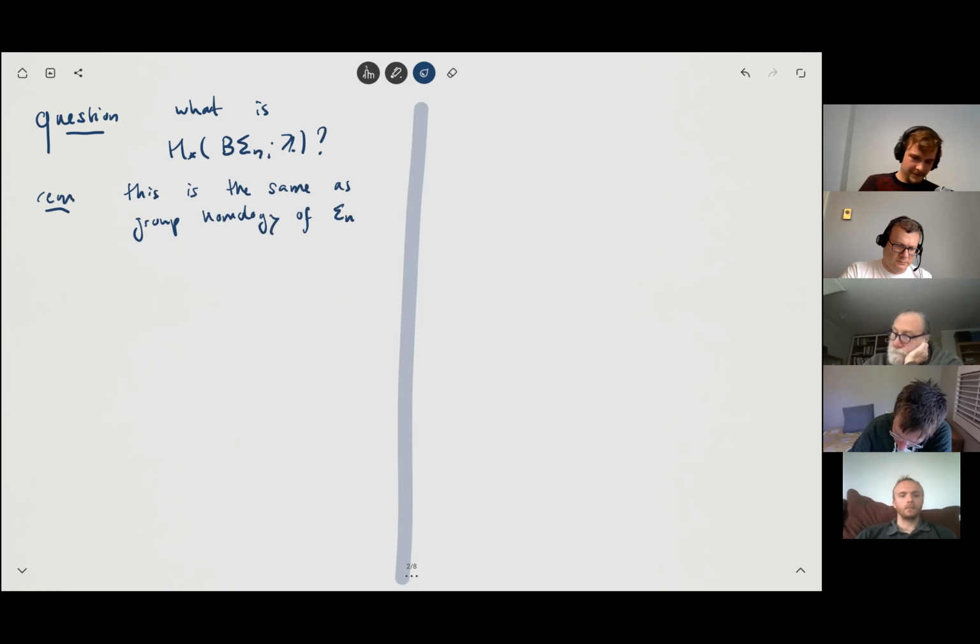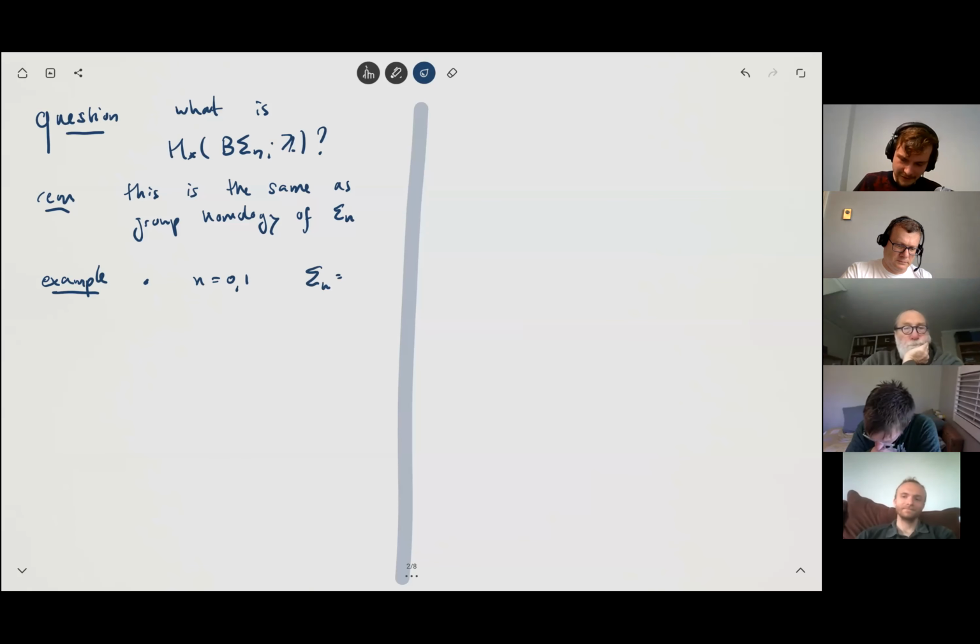Okay, so, in some sense, a complete answer exists, but I'm not going to give it to you. But just to get a sense of what it looks like, let's do some examples. So easy cases are n is 0 and 1, because in this case, the symmetric group is just the trivial group. So there's nothing to prove really.